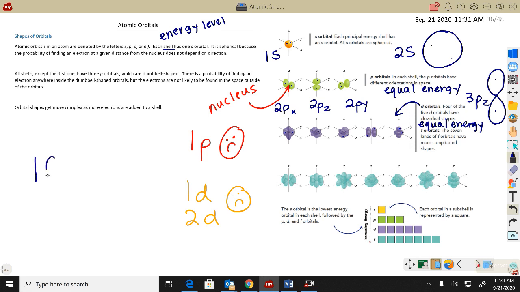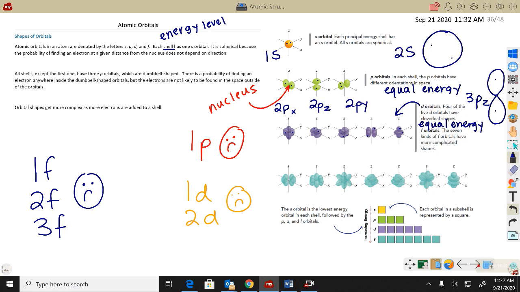Well, that'd be weird. There's no such thing as a 2f or a 3f. These would all be sad faces. The f's are not found until the 4th energy level because they're super high in energy and they're just too big. But when you do find them, there will be 7.